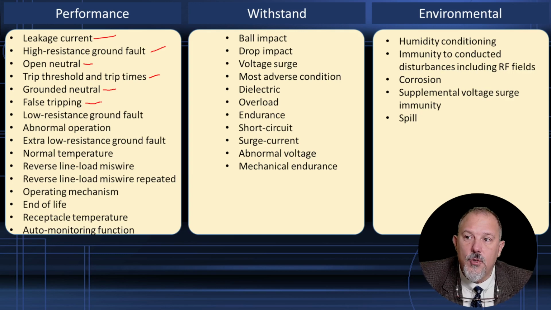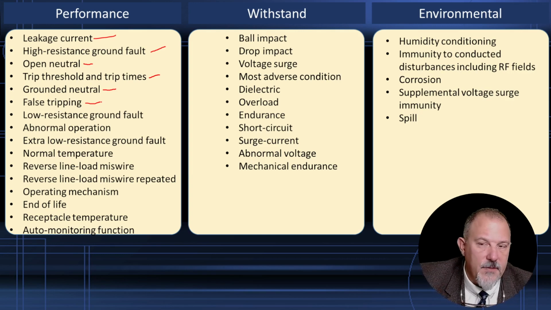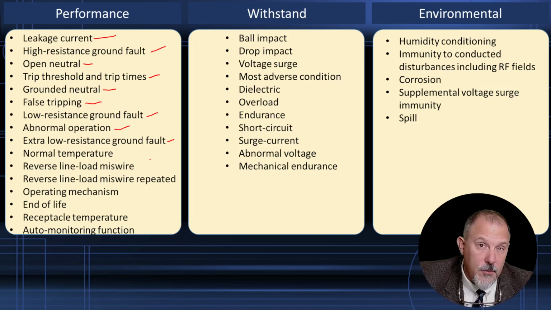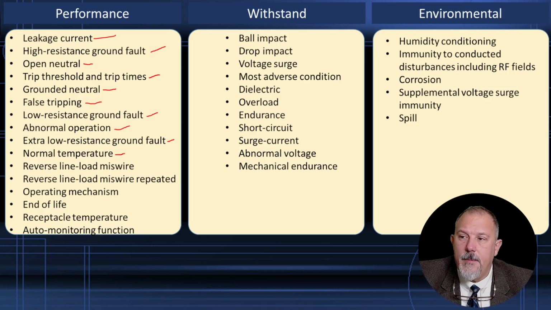I have to make sure that I don't trip falsely based upon types of configurations of the circuit. I've got to consider low resistance ground faults, abnormal operations, extra low resistance ground faults. That's your high fault currents. I have to think about normal temperature performance, reverse. What happens if I reverse line and load, miswiring?